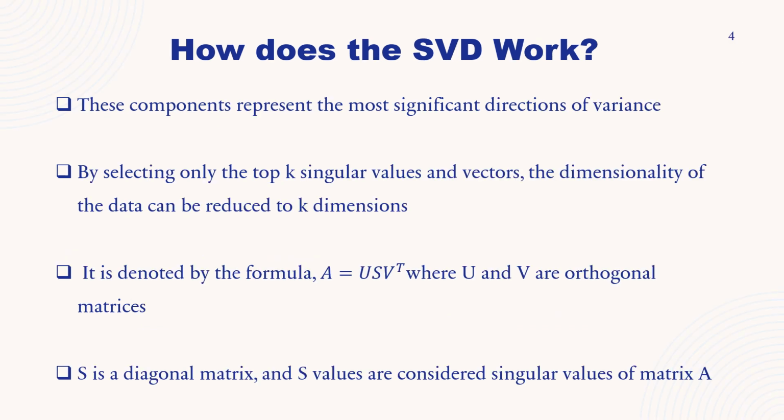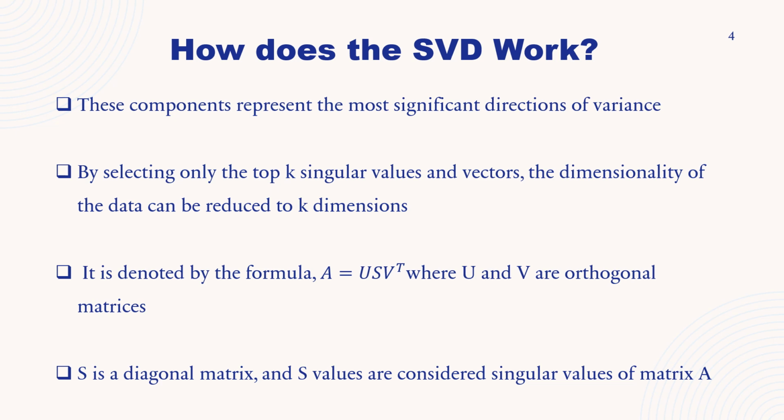These components represent the most significant directions of variance. By selecting only the top k singular values and vectors, the dimensionality of the data can be reduced to k dimensions.